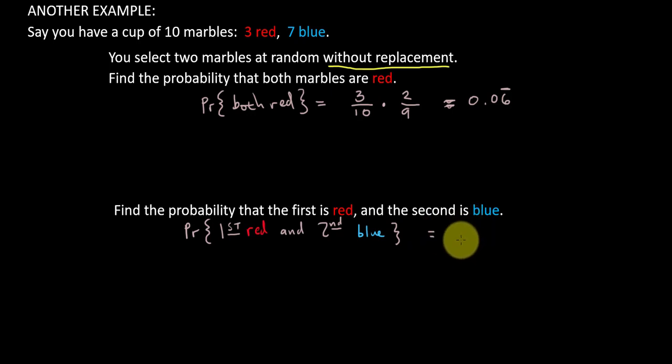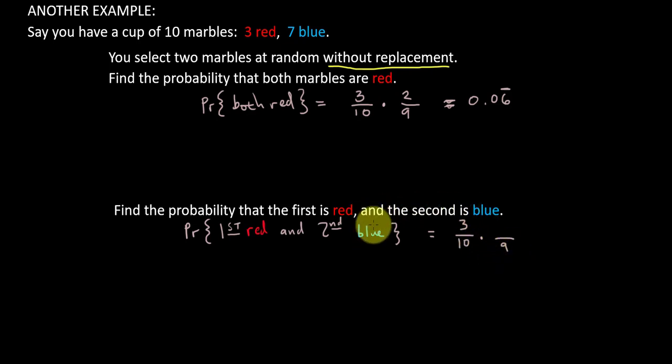We're starting with the 10 marbles in the cup, so it's going to be divided by 10. And since the first marble is going to be red, starting with 3 red marbles, 3 out of 10. Again, sampling without replacement here, there will now only be 9 marbles in the cup.